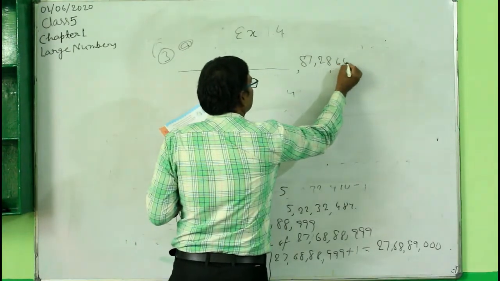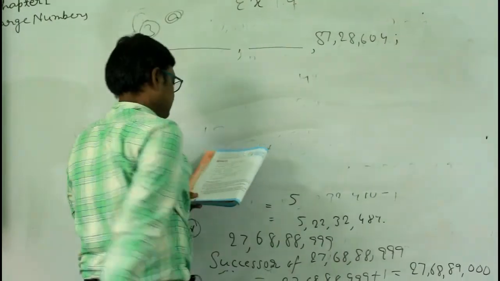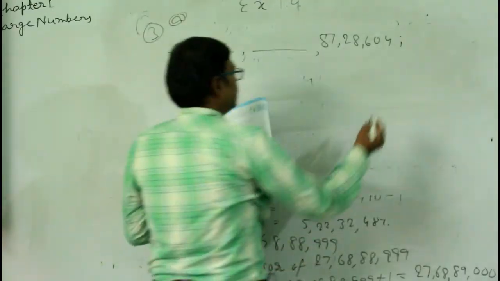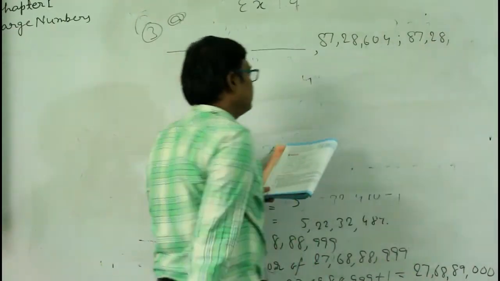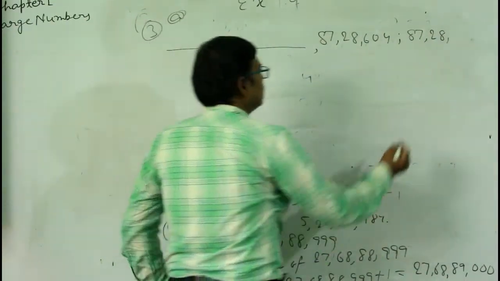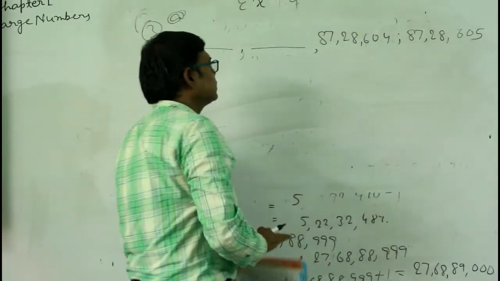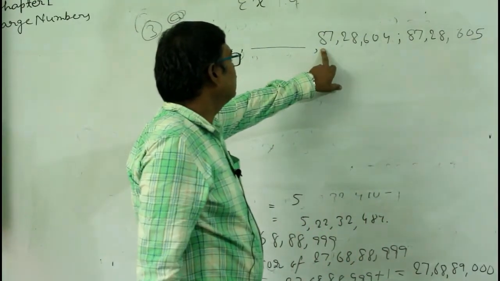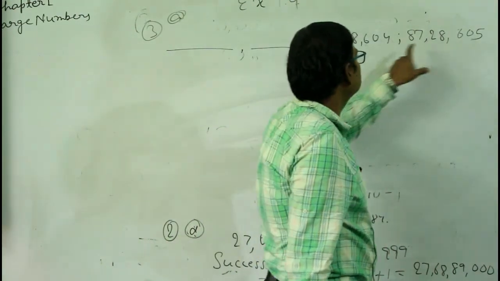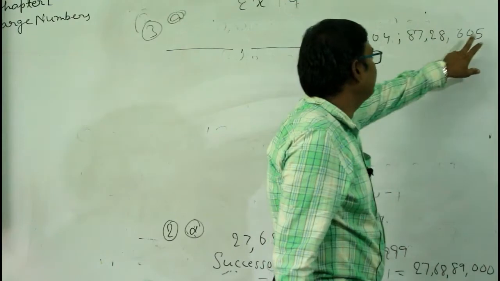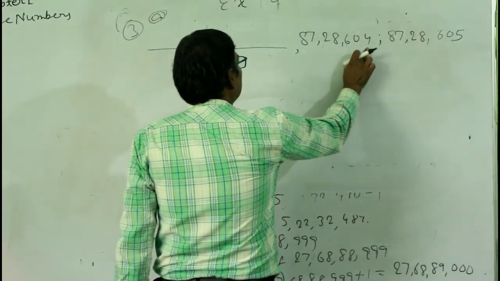Question A has the numbers 87,28,604 and the other number is 87,28,605. Observe the pattern here: 604 and then 605. The number is increasing by 1, that is, if you add 1 you get this.